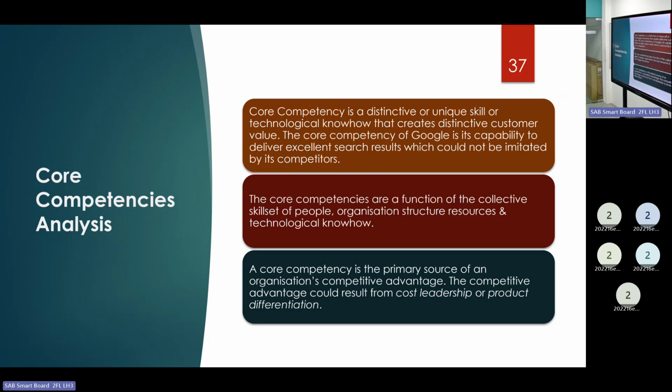Cost leadership is based on a core competency. You have a patent for a new technology, so you can reduce the cost. Or you have a patent or a technology for product differentiation.